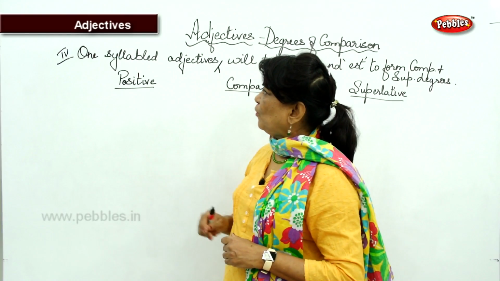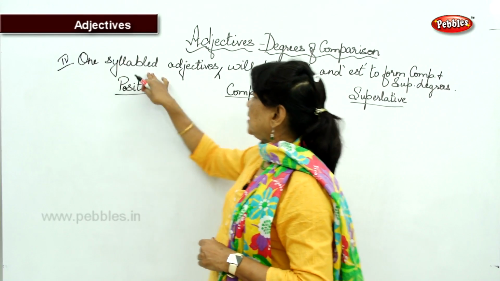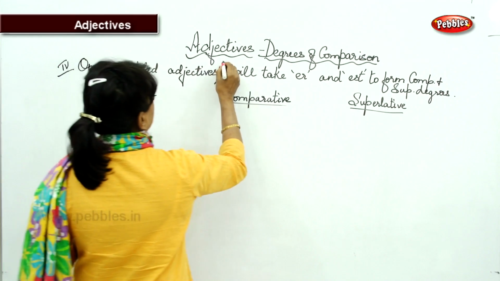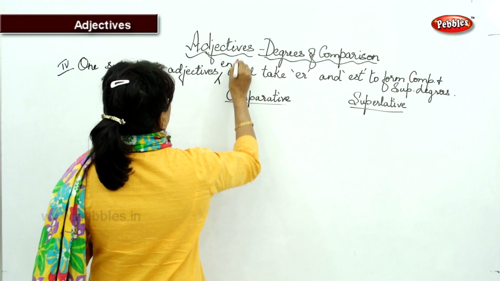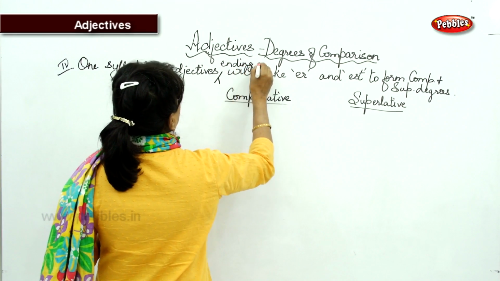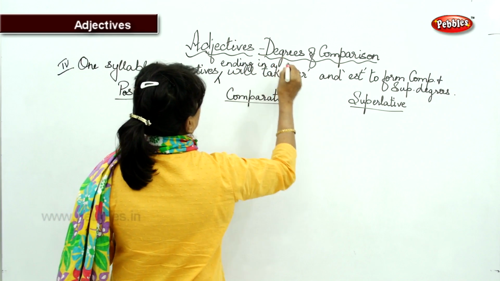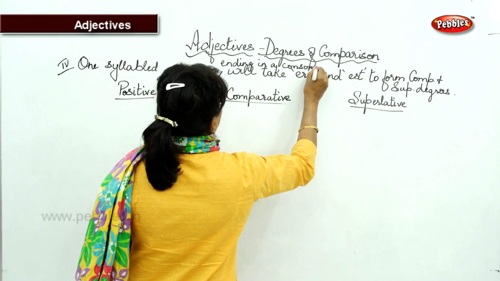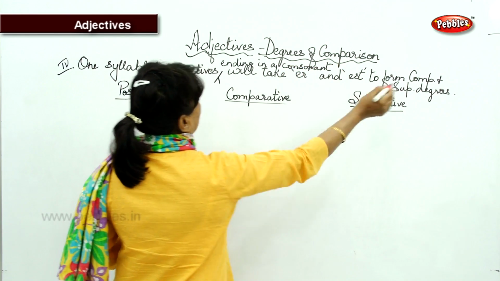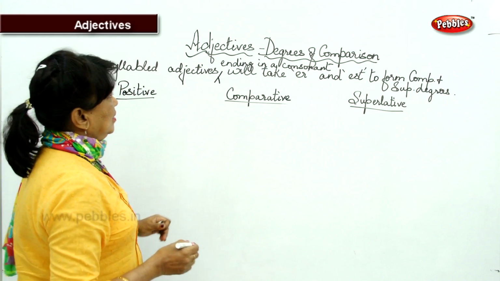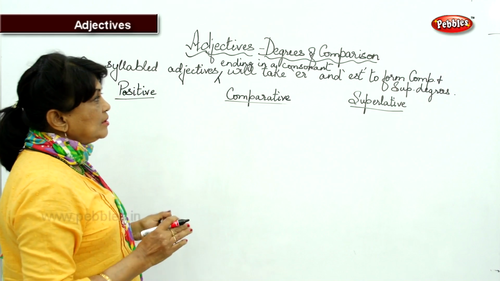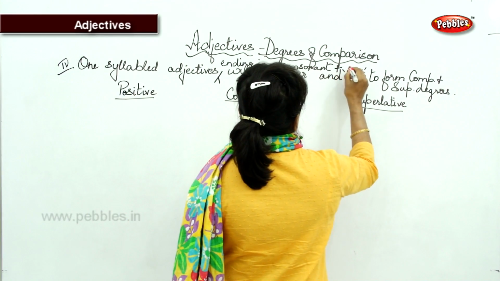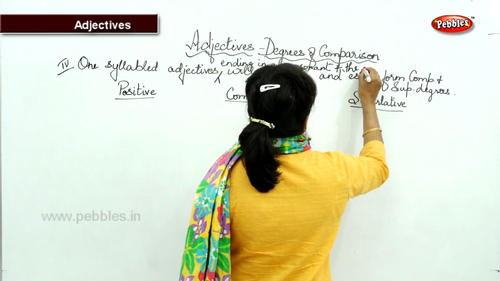Now, we will go on to the 4th rule. 1 syllabled adjectives ending in a consonant will take another consonant and then take ER and EST, plus the same consonant.